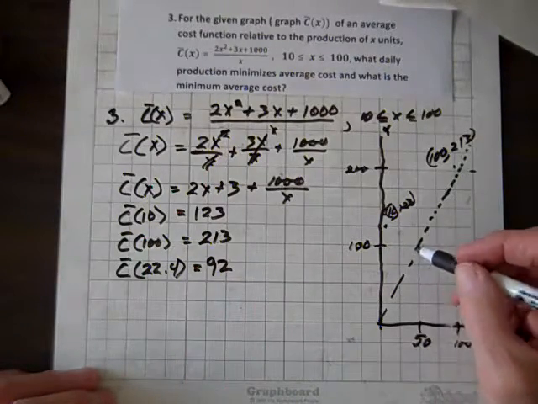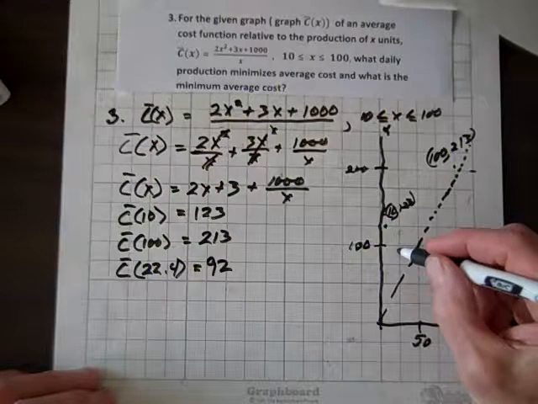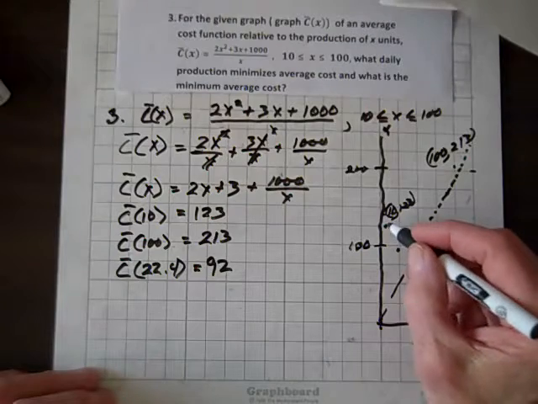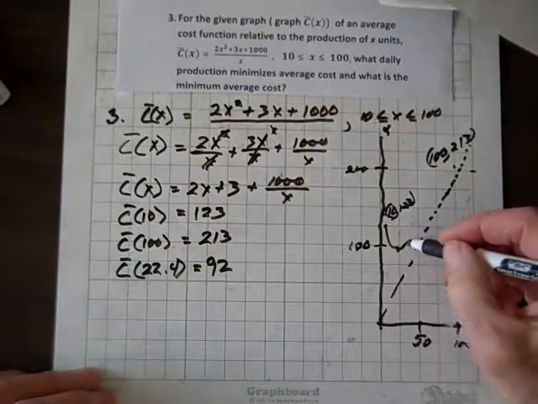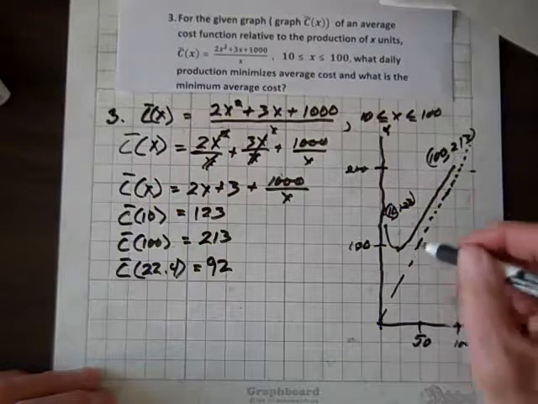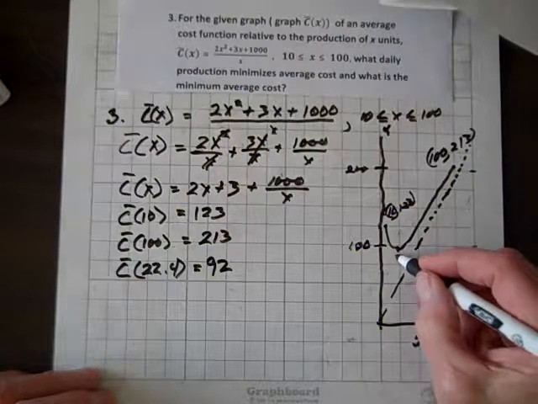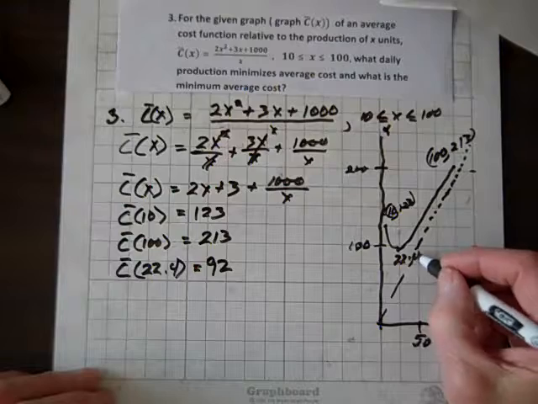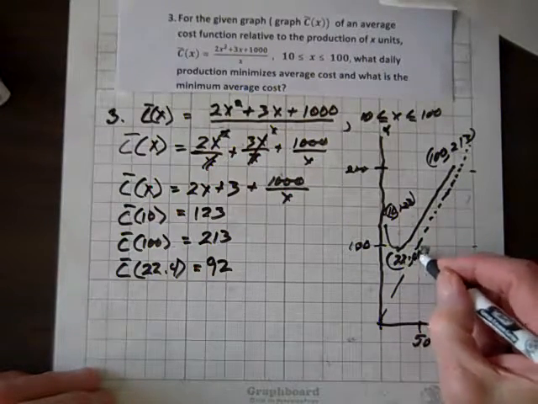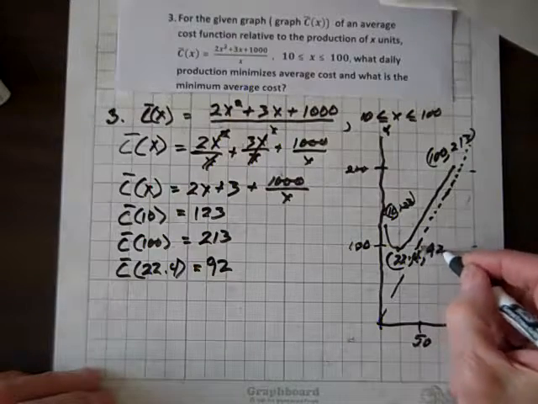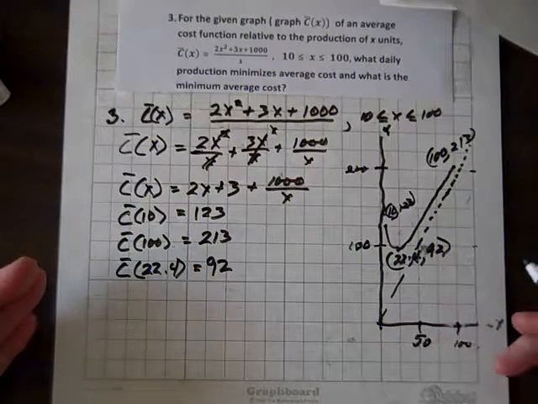So I'll go here to about 22.4, be about right there, and 92, and that's what the graph looks like. And so this happens to be 22.4 and y-coordinate of 92.